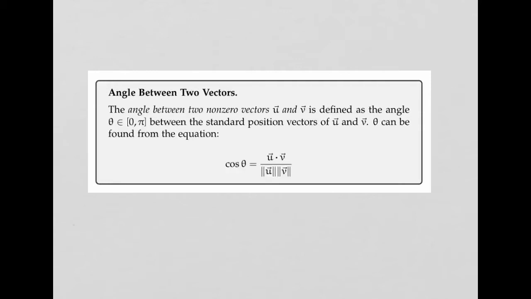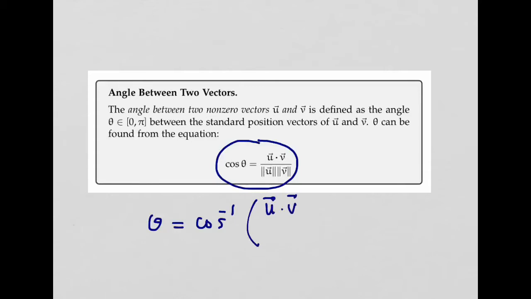And to find theta, we use the equation cosine theta is the dot product divided by the product of the magnitudes. Of course, if we want theta, we apply cosine inverse on both sides to get theta equals cosine inverse of u dot v divided by the product of their magnitudes.